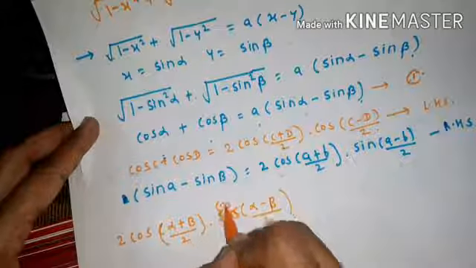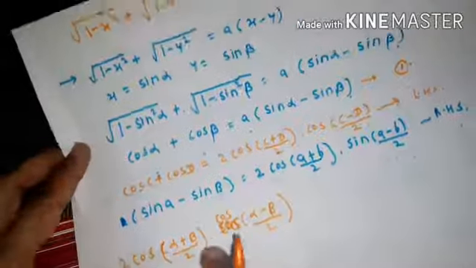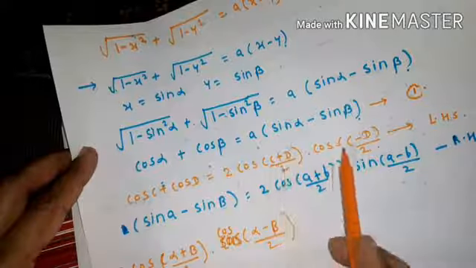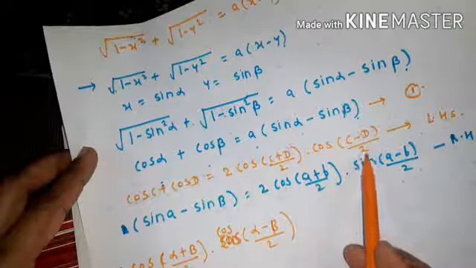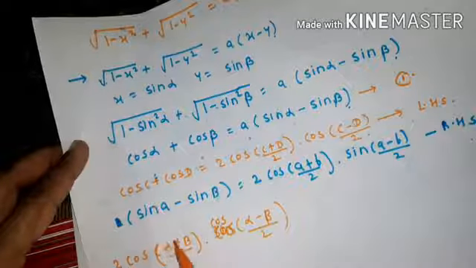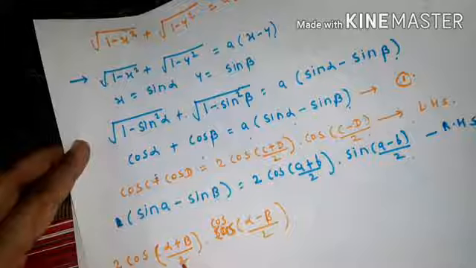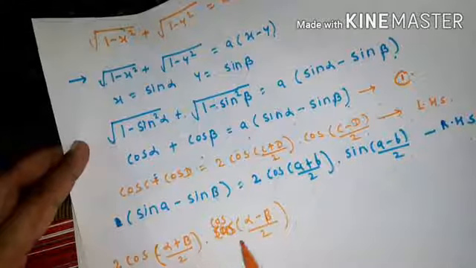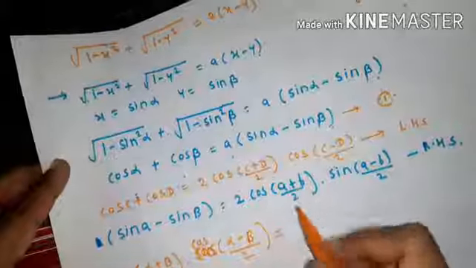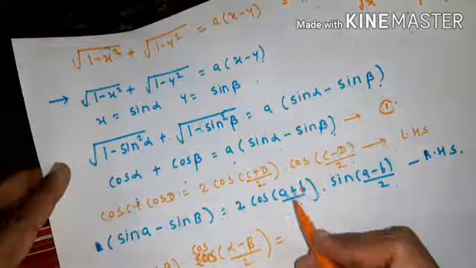This is the cos C plus cos D formula: 2 cos of (C plus D) by 2 into cos of (C minus D) by 2. So instead of C and D, we have alpha and beta. And this is equal to sin alpha minus sin beta.